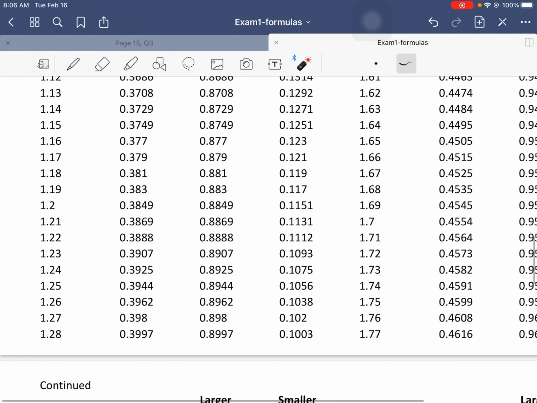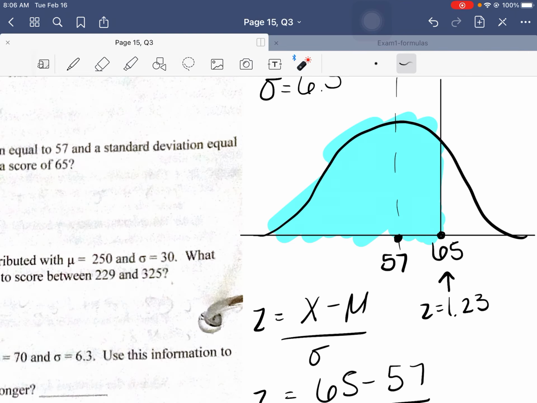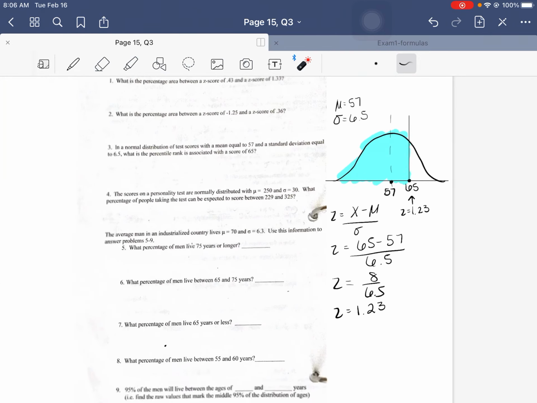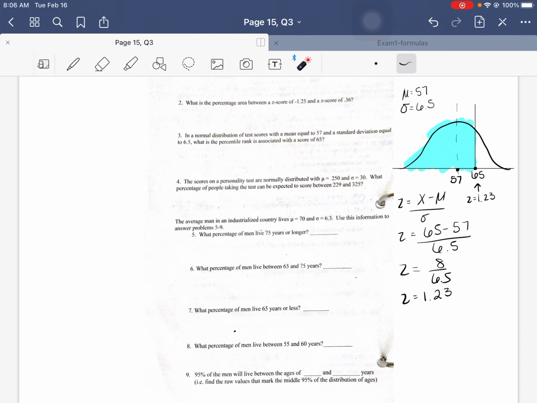So here's a z of 1.23. It looks like there's going to be 0.8907 in the body. I'm just going to move over that decimal point there.